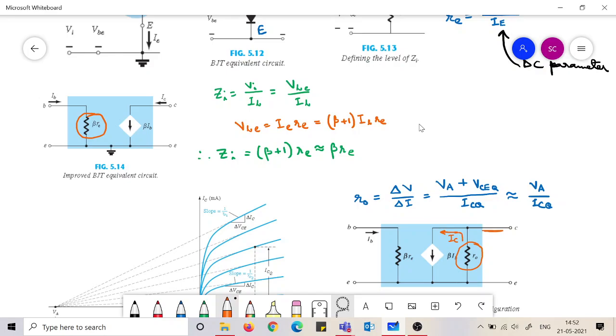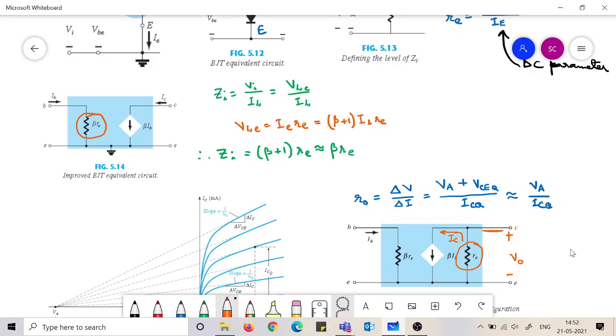Now the voltage has appeared here. So the resistance, of course, would be V0 by IC, and that resistance has to be in parallel. That is why this resistance is connected in parallel.